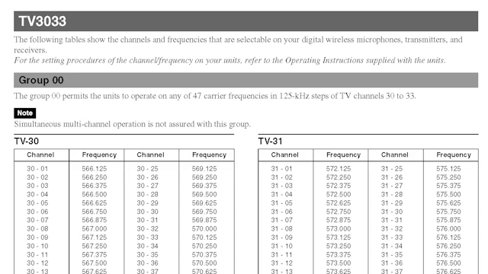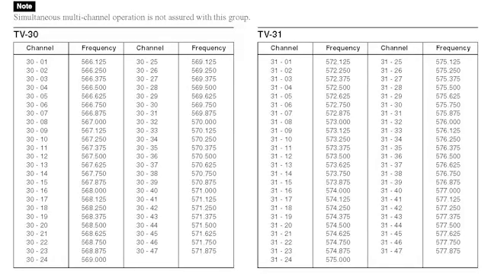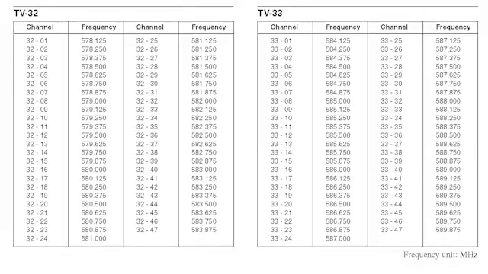Because we're looking at group 00, this is a group that looks at all frequencies in the selected channel block. Again, in the case where you are intending to scan for only the one best channel, scanning all of these frequencies will give you the best result. And as you can see, within TV channel 30, there are 47 wireless mic channels listed, another 47 in TV channel 31, another 47 in 32, and also in 33.